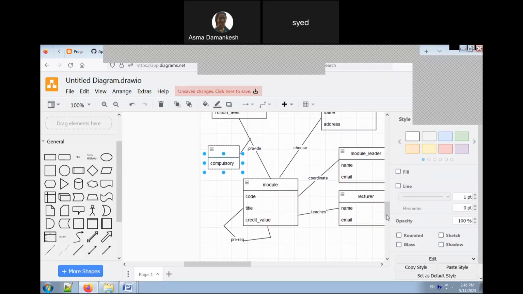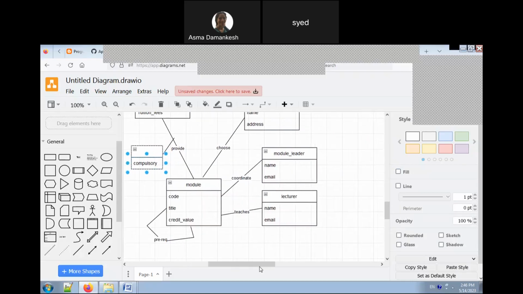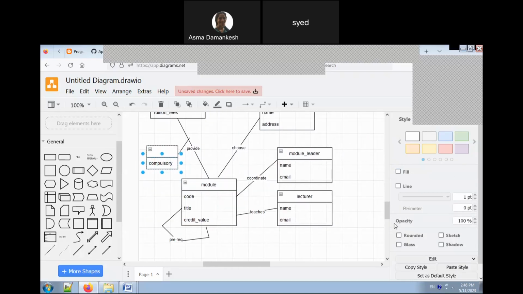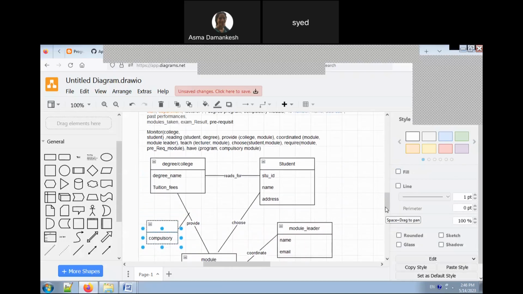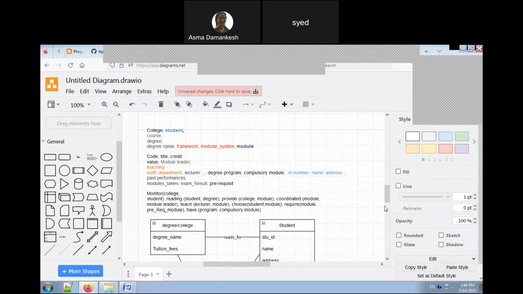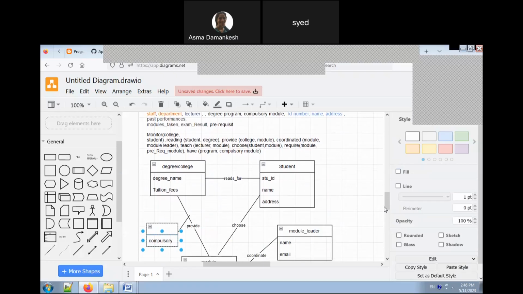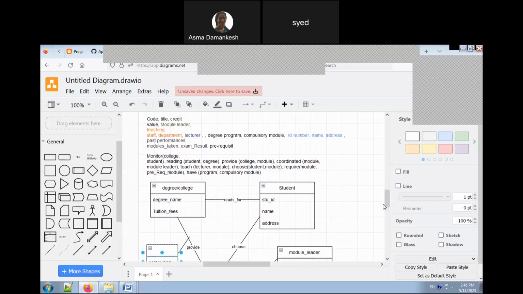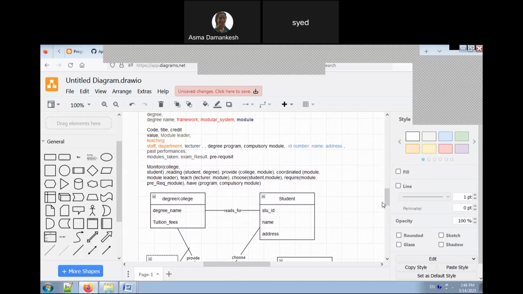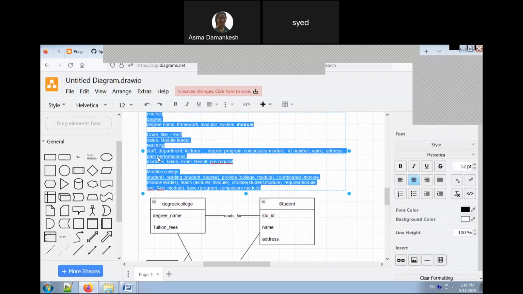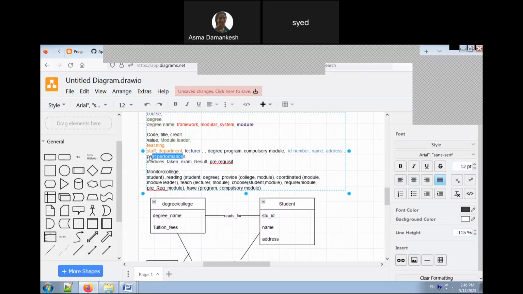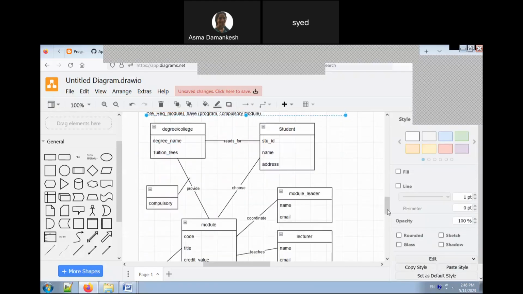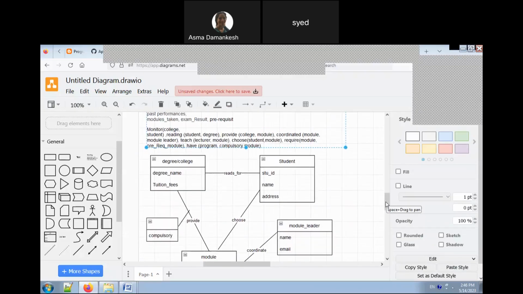I think that's it. Now there is something I want to come back to. So if you draw this, you get maybe, oh, there is one more thing left, no? Where is that? What happened to our past performances, no? So a module has a past performance, isn't it? So where does the past performance go?